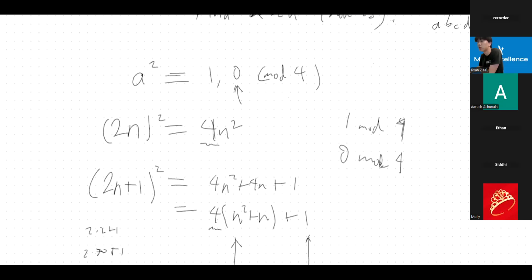And 1 plus 1 is going to give us 2. It's not possible to make 3 from either 0 or 1. And so, in fact, the answer to this problem is actually nothing. There are no pairs a and b that can satisfy this. Does that make sense?